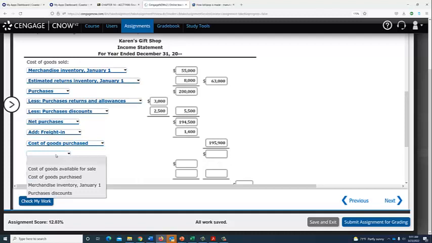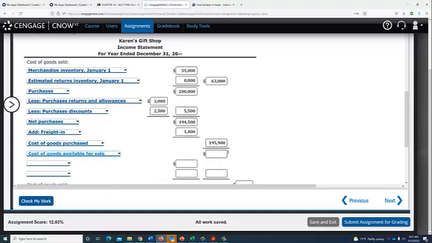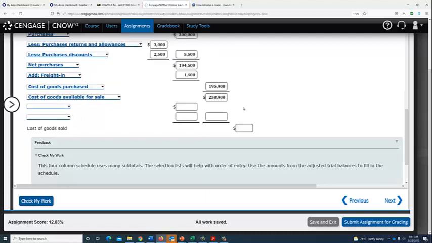Now we can calculate our goods available for sale. Beginning inventory plus the cost of goods purchased is $258,900. And now we need to fill in the ending inventory so that we can figure out what we sold.